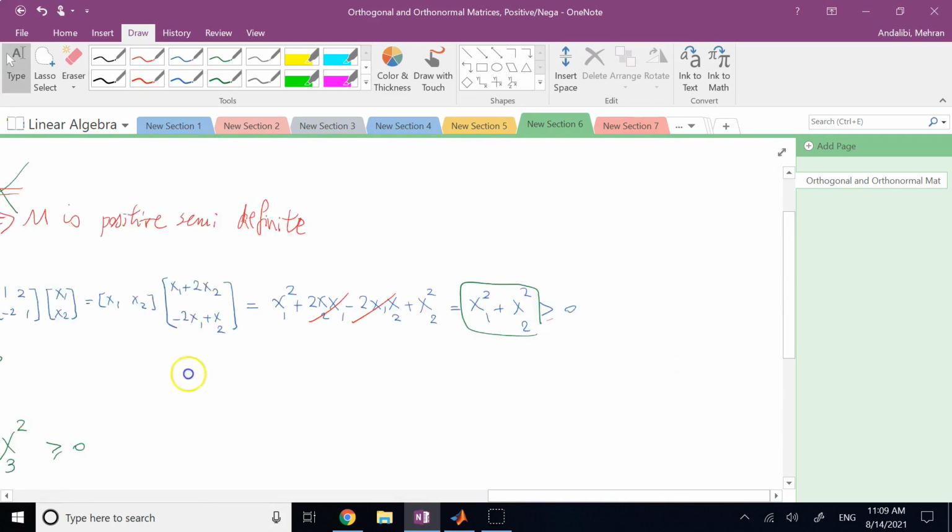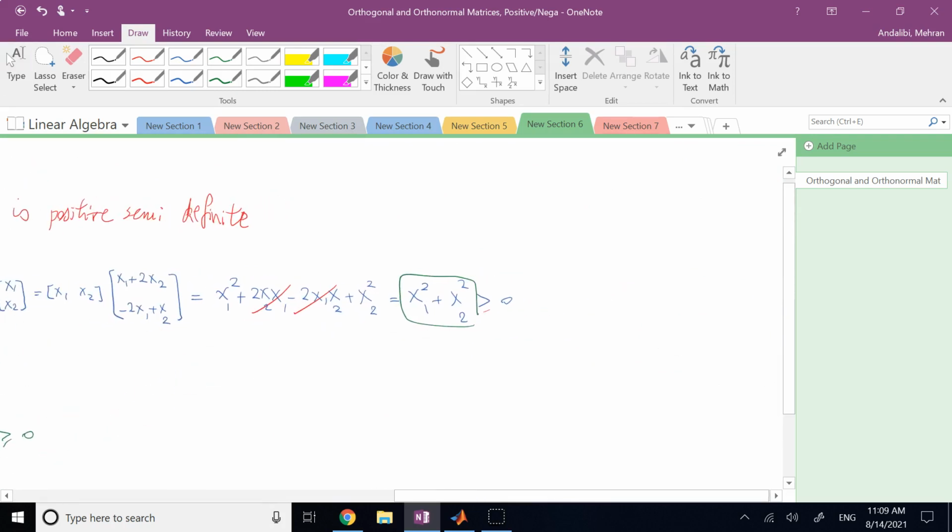But the question is, what if this vector x belonged to the set of complex numbers squared? So the x1 and x2 entries could be complex numbers. Now what? Right? You see my point?